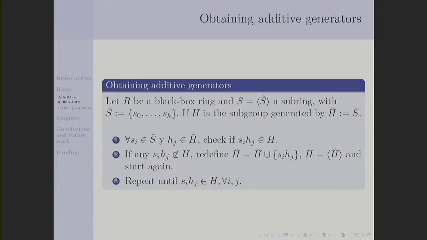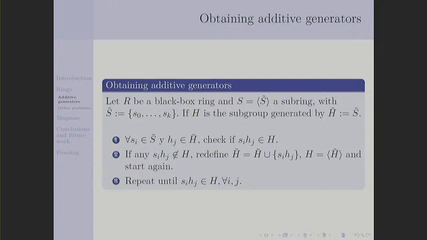Since the products are probably not inside the group, we check if the product between every generator of S and every generator of H is inside H. This is a membership problem in an abelian subgroup, so we can solve it in polynomial time.